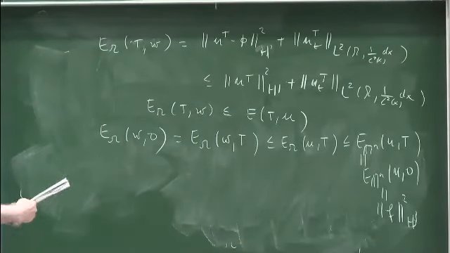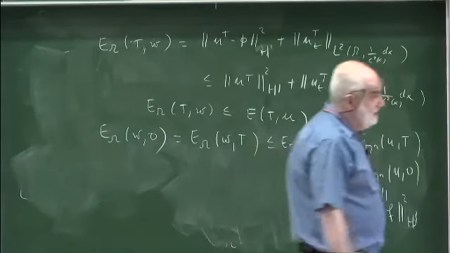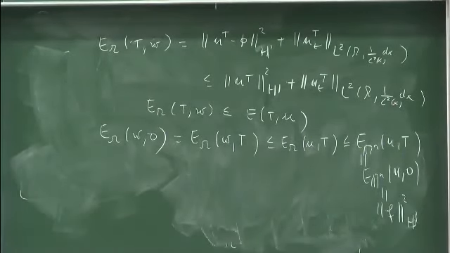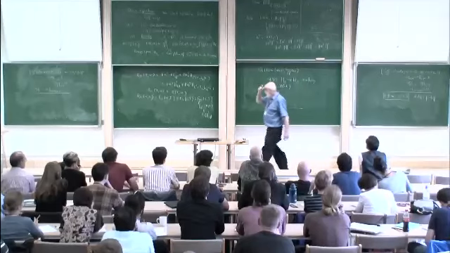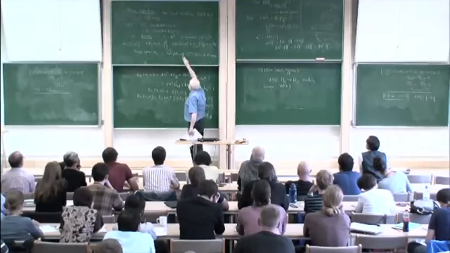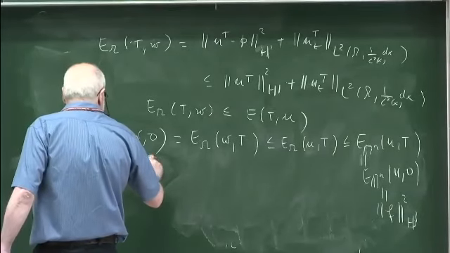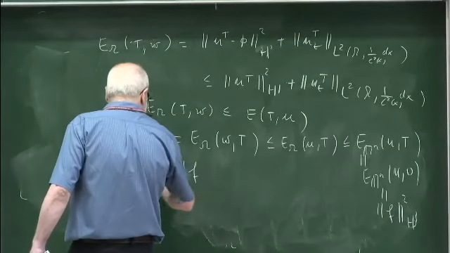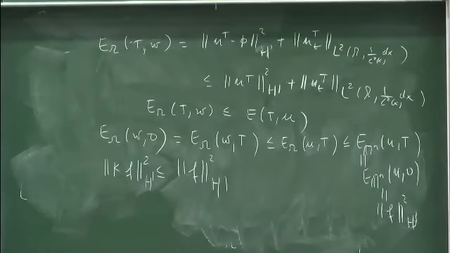Okay, but what about this? This is W at 0. So this is part of the energy of the solution at 0. The H1 norm, that's the first part here. So I get from here that the norm of Kf squared in H1 is less or equal to the norm of F squared in H1. And that's it. Right? So that implies that the norm of K is less or equal than 1.